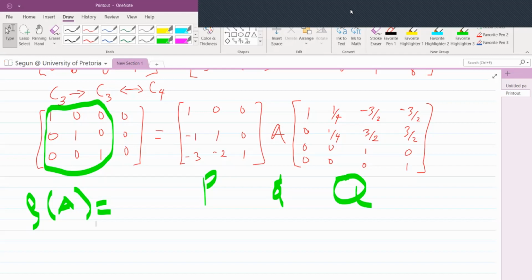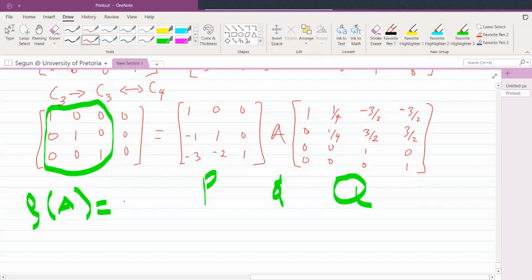What is the definition of rank? Tell us, Deborah. The number of non-zero rows, which is what? 3.